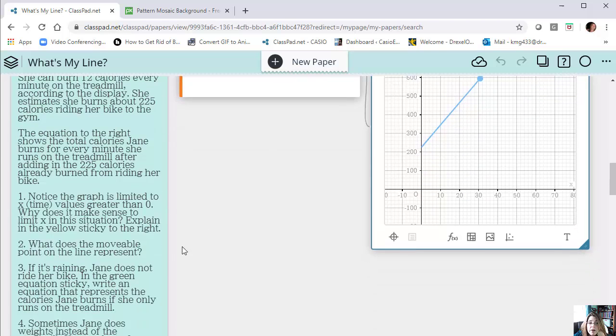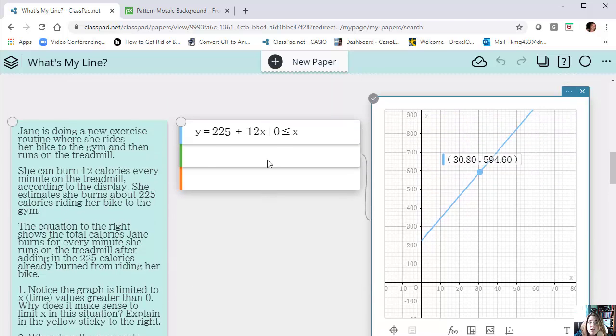And then I have them, what happens if she doesn't ride her bike? How does that change the equation? So they're going to write a new equation. And what if she doesn't do the treadmill? She works on weights instead. So they're basically taking some real life examples and writing equations and then answering questions about them.